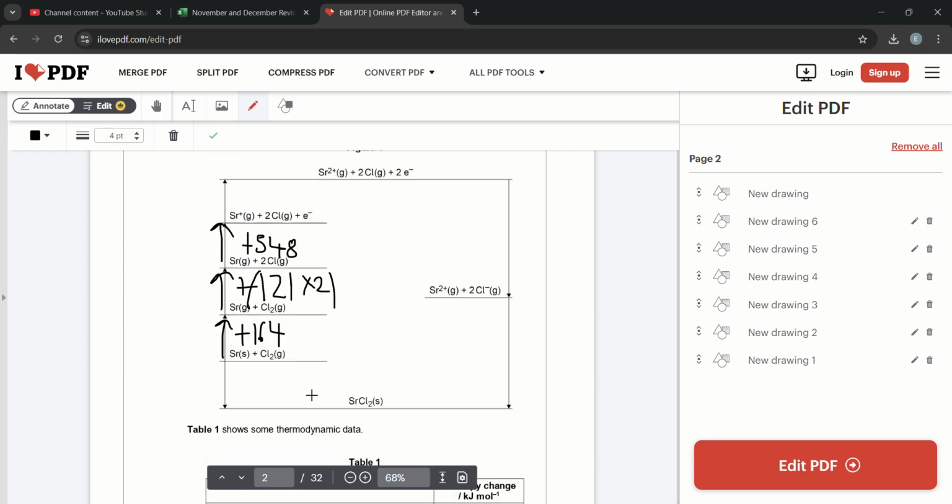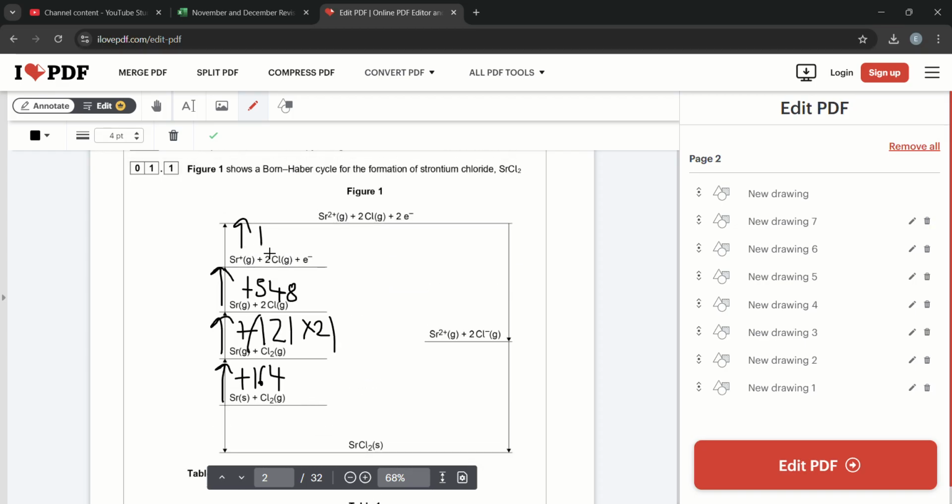Second ionisation energy of strontium, plus 1060.